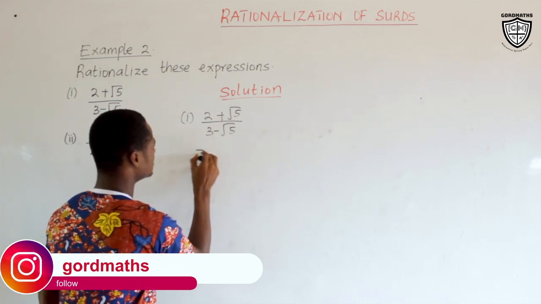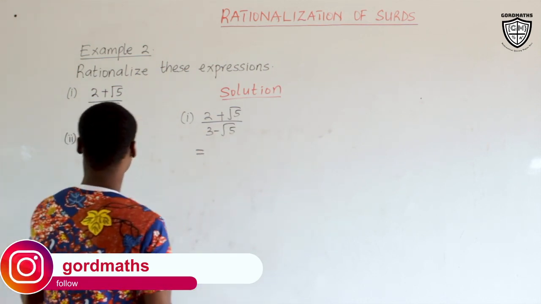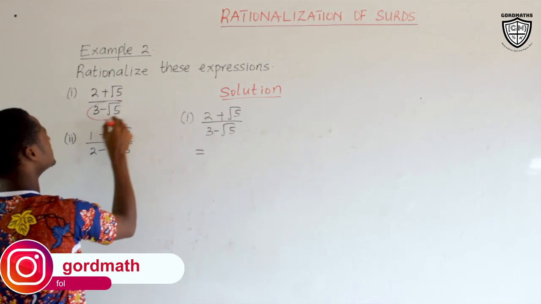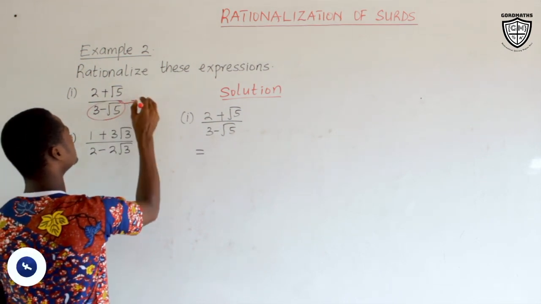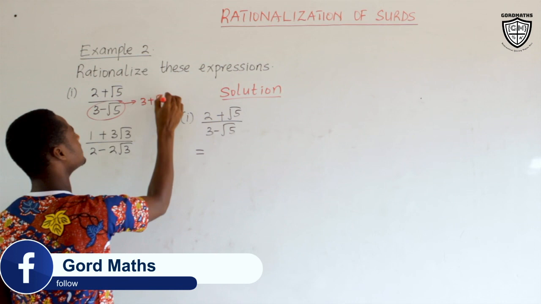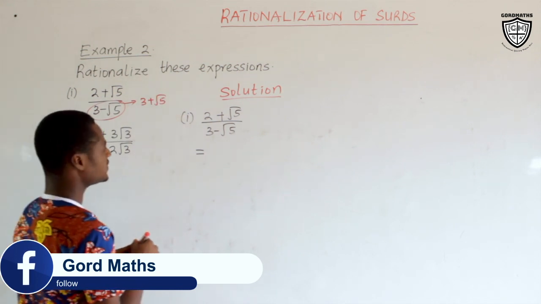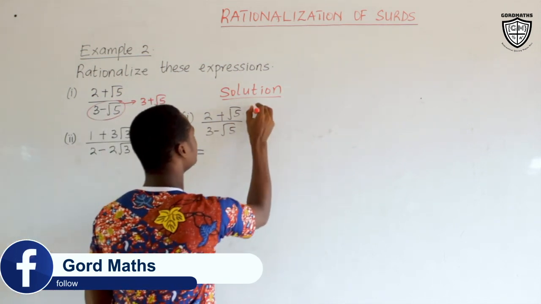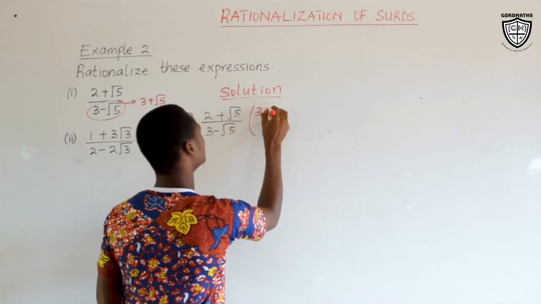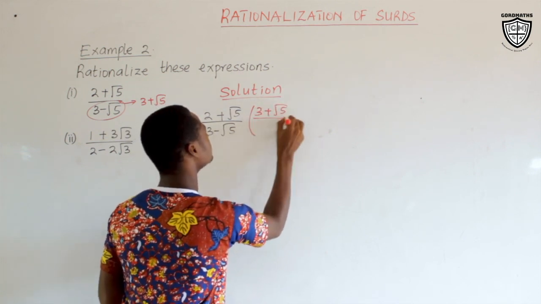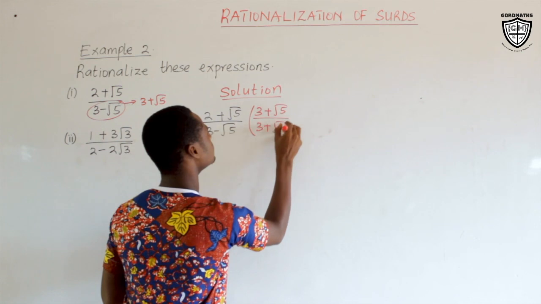And let's find the conjugate of this set as discussed in our previous example, and that will be 3 plus root 5. So we multiply both the numerator and the denominator by 3 plus root 5.